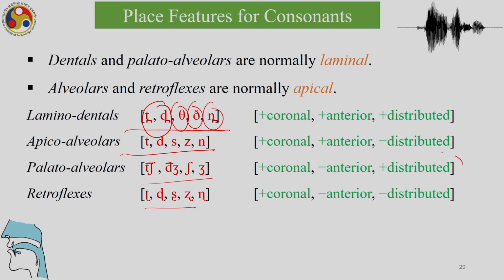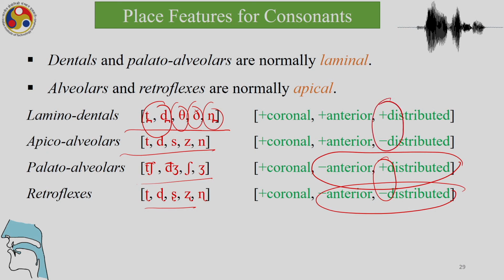Palatoalveolars fall within the minus anterior, plus distributed category, and retroflexes fall within the minus anterior, minus distributed category. So the difference between palatoalveolar and retroflex is in the feature distributed: retroflex is minus distributed, palatoalveolars are plus distributed. Similarly, laminodentals are plus distributed and apicoalveolars are minus distributed.